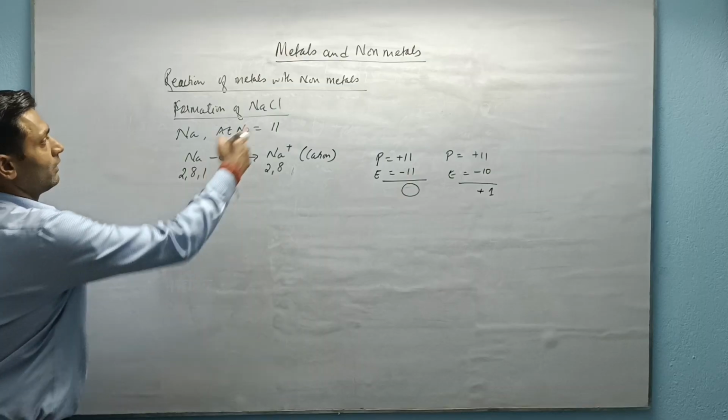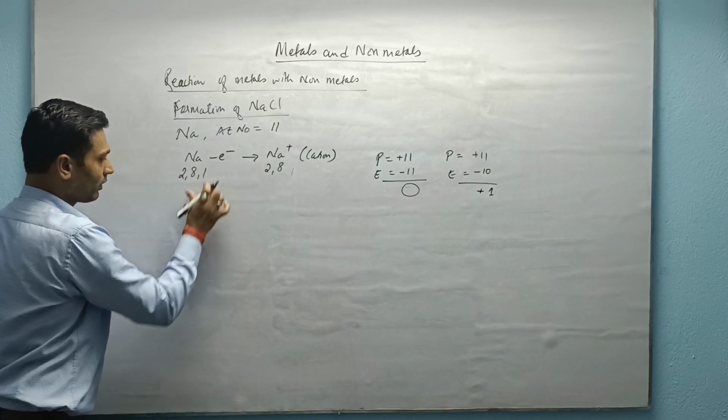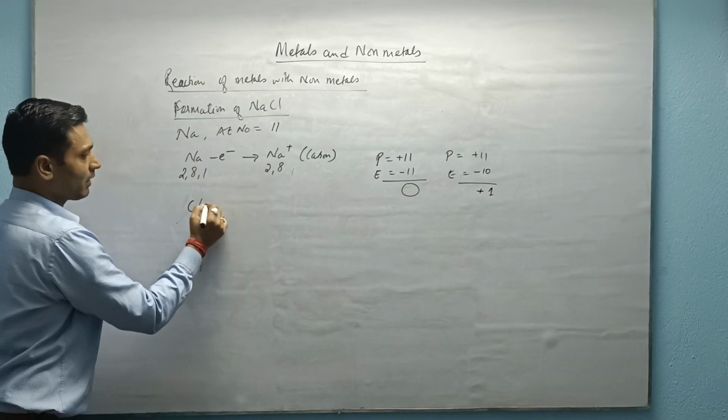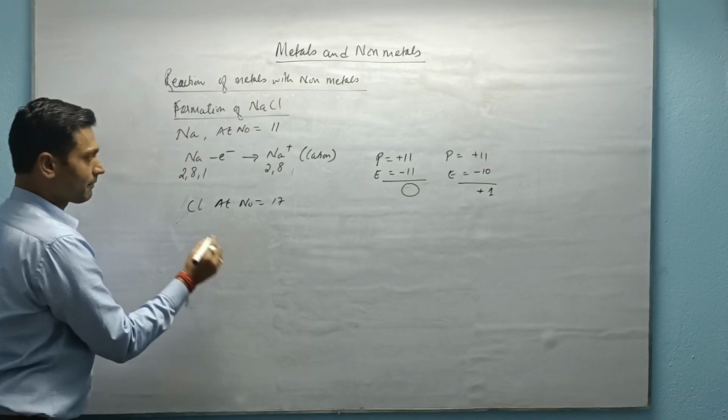Now, the second element out here is chlorine. Chlorine has atomic number 17.